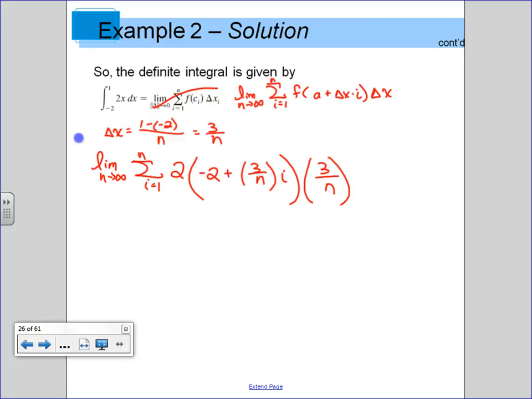What can I do? Negative 4. Yeah, let's start there. Negative 4 plus 6 over n, right? i times 3 over n. We can go further though, right? So then that would be negative 12 over n plus, yeah, over n squared i.